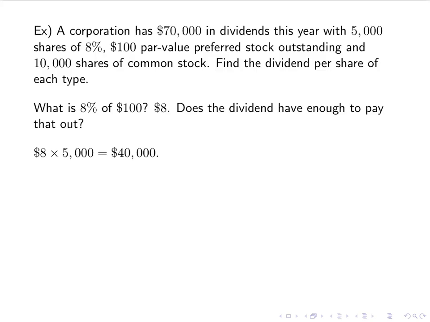Is there enough in the dividend to cover that? Yes. The next thing we ask is what's left over. So we subtract: the dividend, 70,000, minus what we need to pay off the preferred shareholders, the 40,000. So there's $30,000 left over. That amount is what's going to get divided by the common shares.